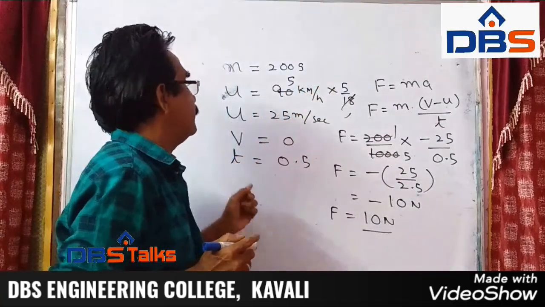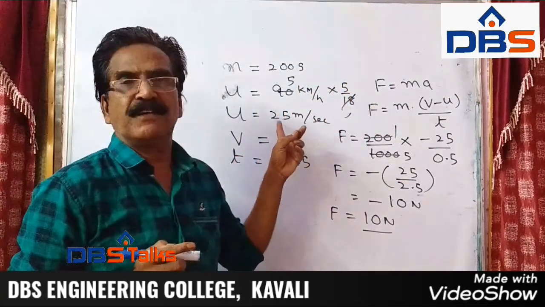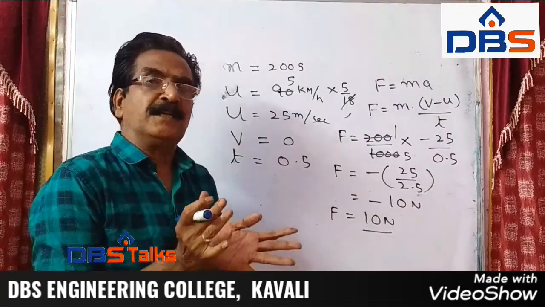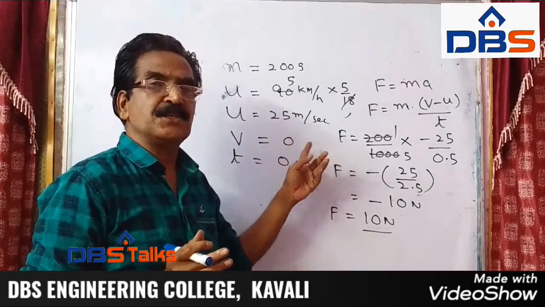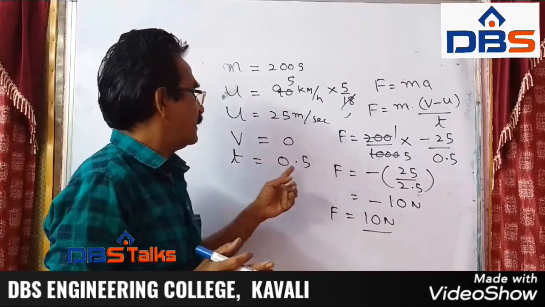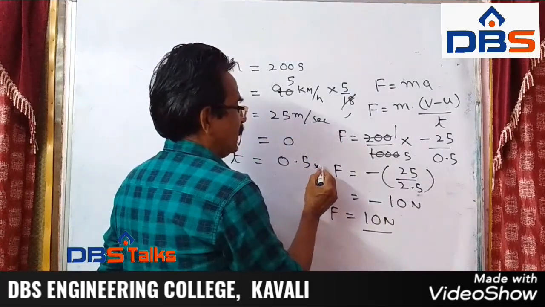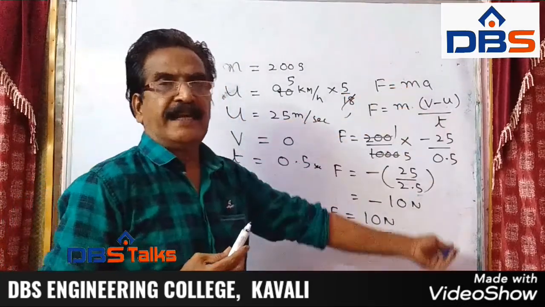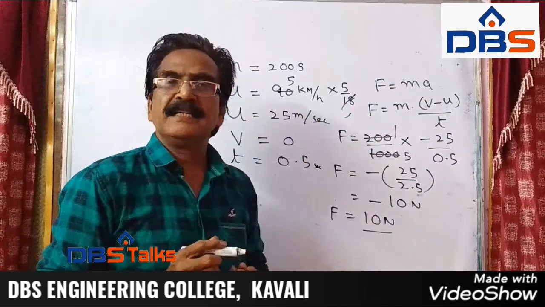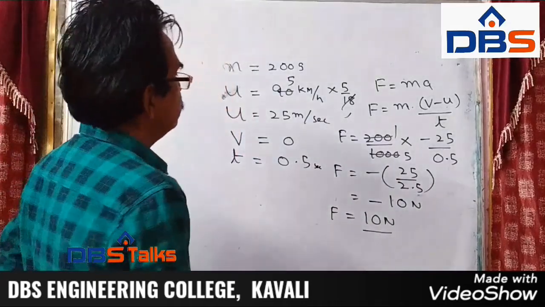If it is given in kmph, do into 5 by 18, then you get velocity in meters per second, and the ball is stopped by the fielder, so the final velocity is 0. In how many seconds the ball was stopped by the fielder? That is 0.5 seconds. So all the data is given. Carefully substitute the data in this formula. You get F. Okay, friends, let us see the next problem.